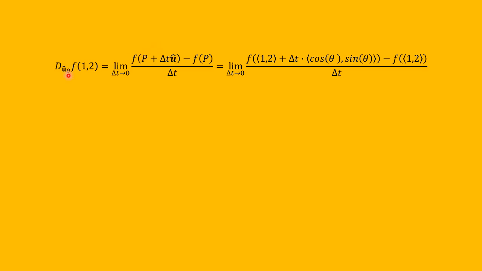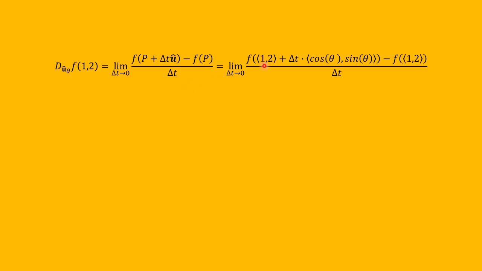U is actually this u sub theta here, the direction we're going in. And so we have this minus this over this. This looks a lot like the definition of a derivative that you saw in Calc 1, except now we can go in any direction we want, in this case in the xy plane.